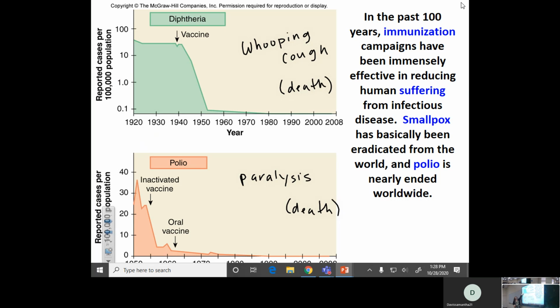In the 20s, there was a lot of whooping cough and a lot of kids died from it. Everybody would know a kid that had died from whooping cough, or a baby usually. And after the vaccine was introduced, when people started getting vaccinated, we don't really have diphtheria deaths so much anymore. And now hardly anybody knows a baby that died from whooping cough because that's one of our normal vaccines.